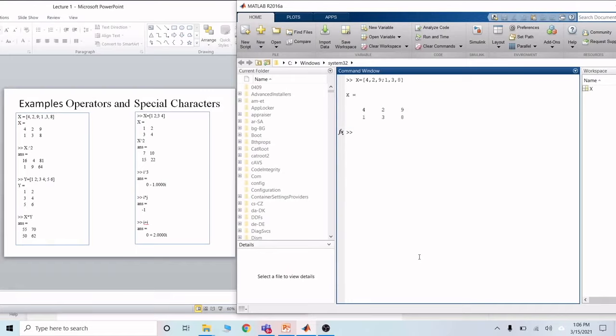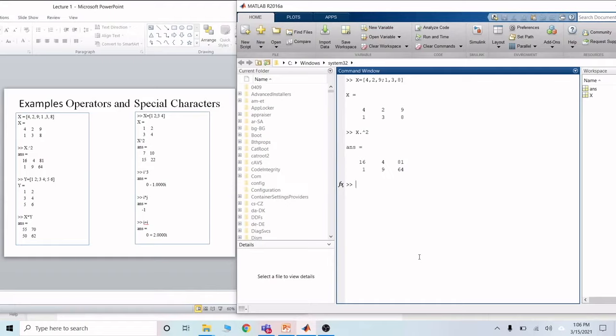First row is 4, 2, 9 and second row is 1, 3, 8. Now use X dot caret 2 and enter. This will give you 16, 4, 81, 1, 9, 64.